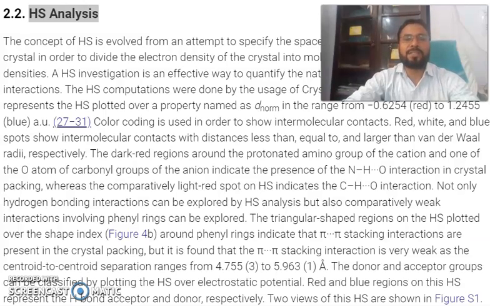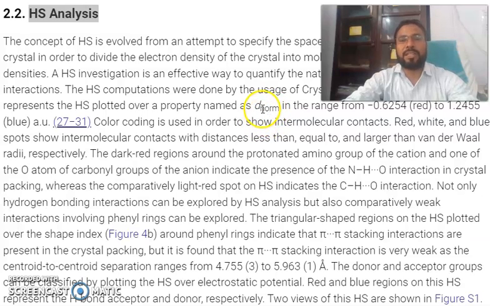The Hirschfeld surface computations were done by the use of Crystal Explorer, which represents the Hirschfeld surface plotted over a property named d norm. This is the d norm.